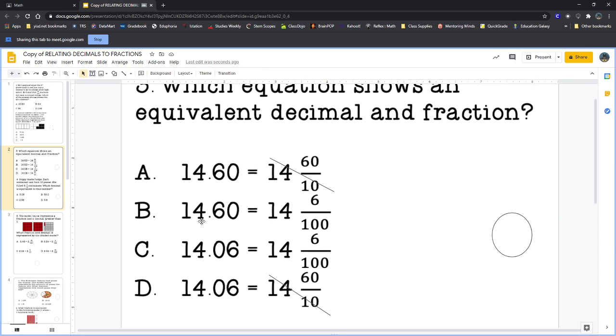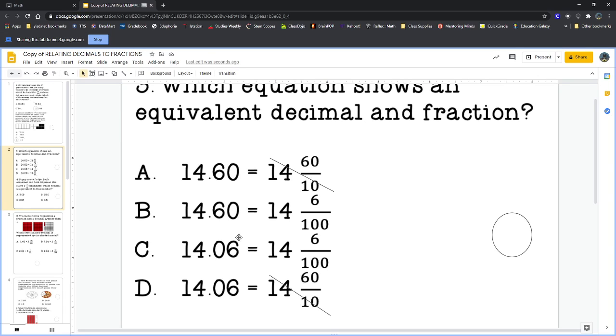B has 14 in front, and the fraction has 14 in front. C has 14 in front, and C has 14 in front on the fraction as well. So I need to pay attention to what they have as a numerator. B has a numerator of 6, and C has a numerator of 6.